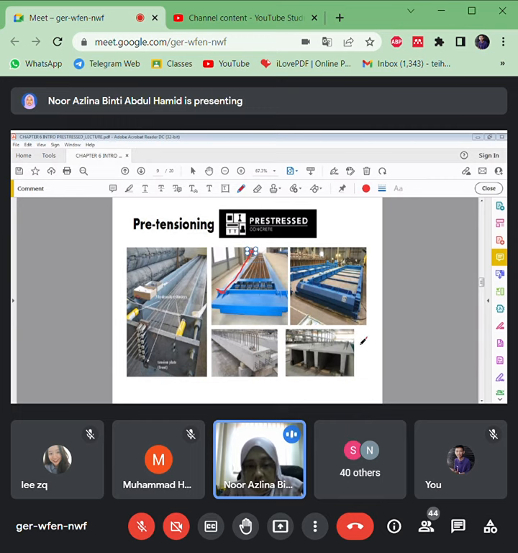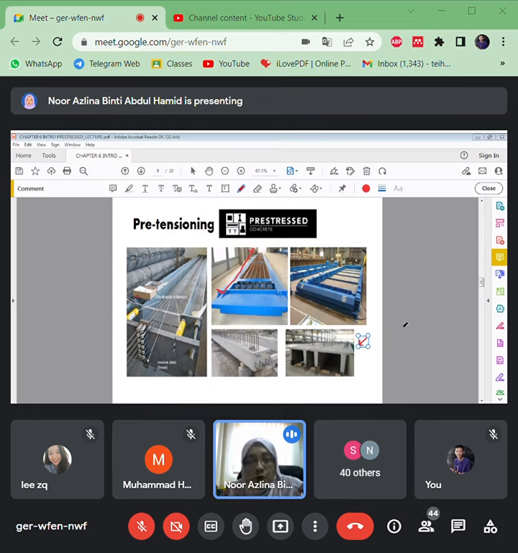This is all the structure that is prepared at the factory. Then it will be brought to the site, and then arranged and connected with other parts of the precast, which is something or a structure that is prepared at the factory and then brought to the site.